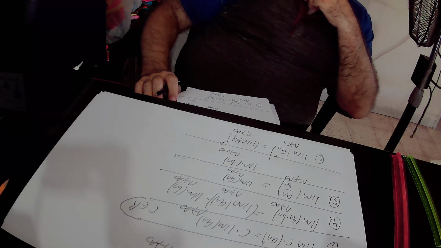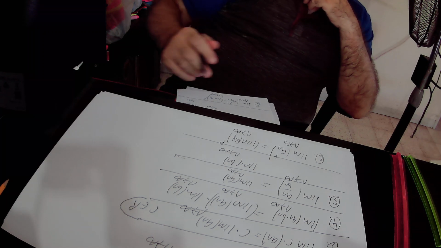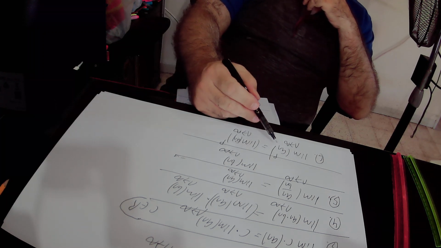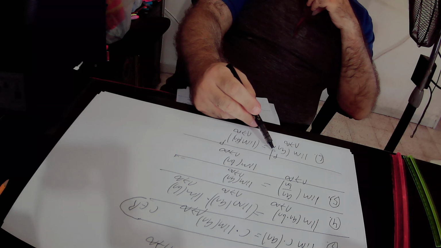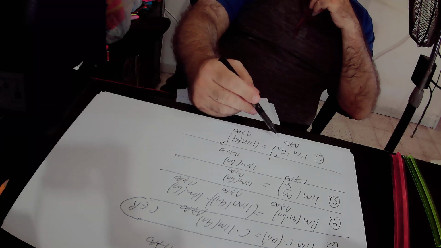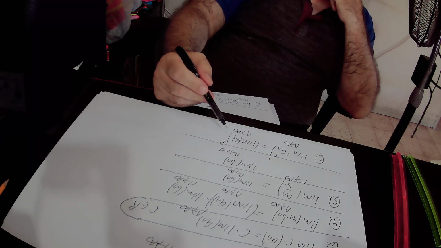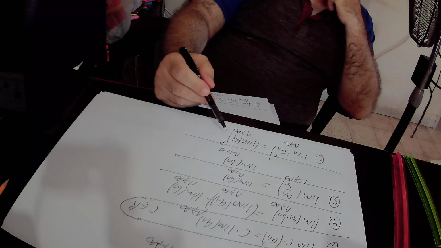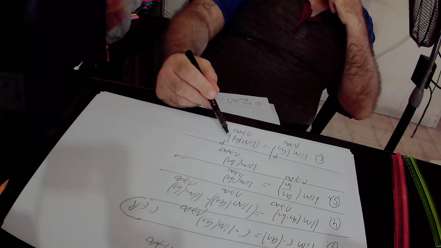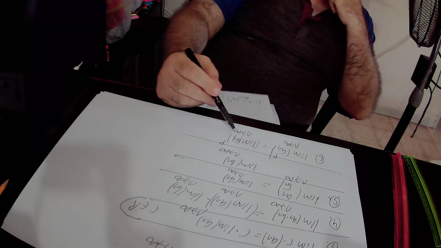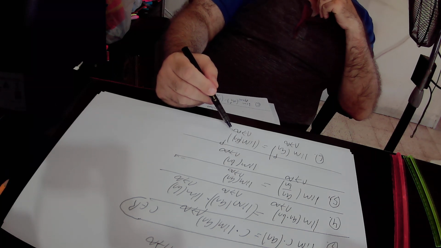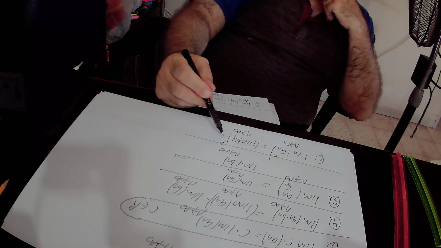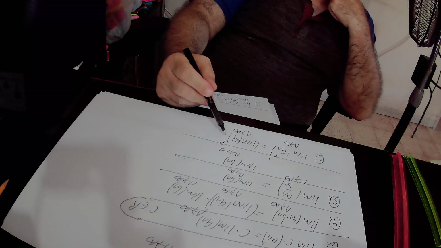Okay? I'll repeat again, the limit of sequence an to the power of p when n tends to infinity equals the limit of sequence an when n tends to infinity, to the power of p. Okay?